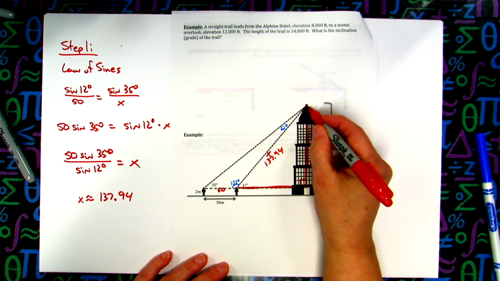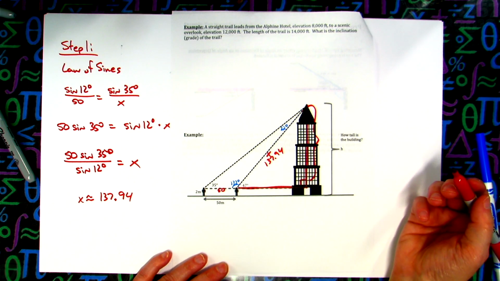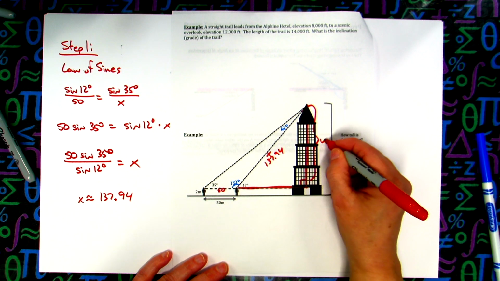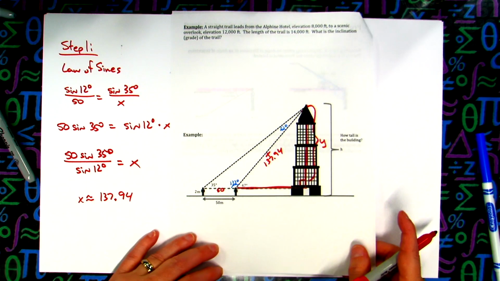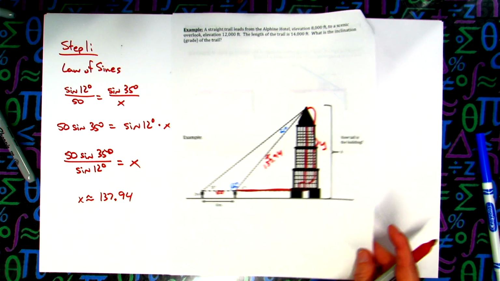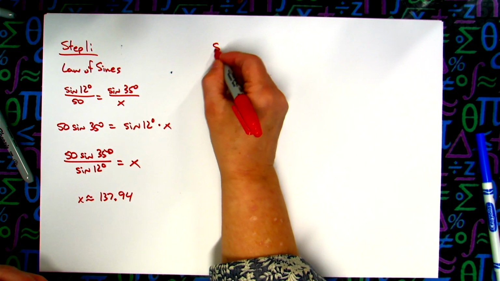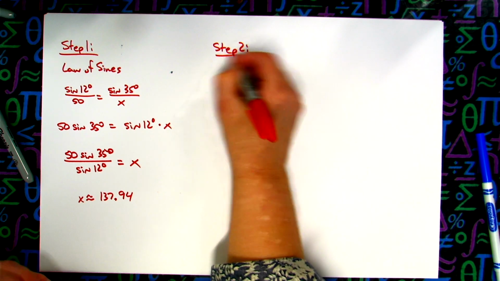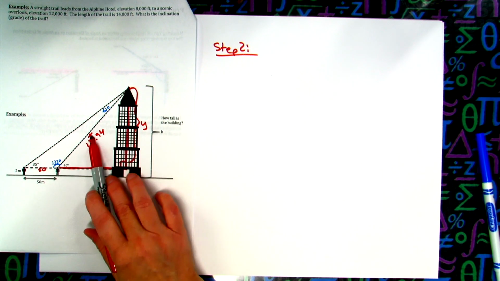Now I've got right triangle trig. I would love this distance right here. And I can't use an x, and this is h, so I'm going to use a y. I've already used x, so I got to pick another letter. Step 2, I'm just going to use right triangle trig. We said this would be opposite over hypotenuse.